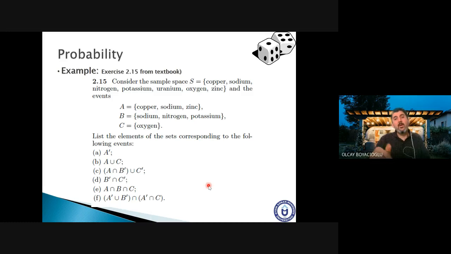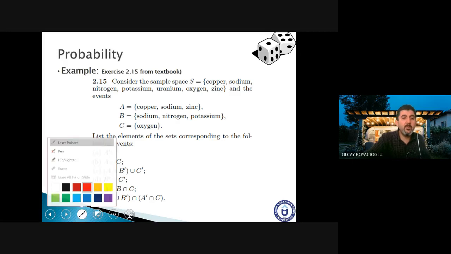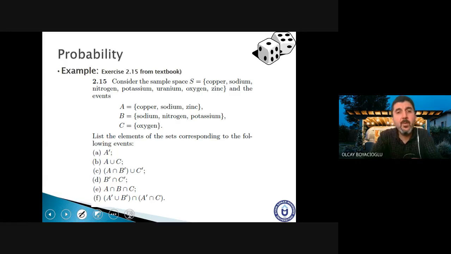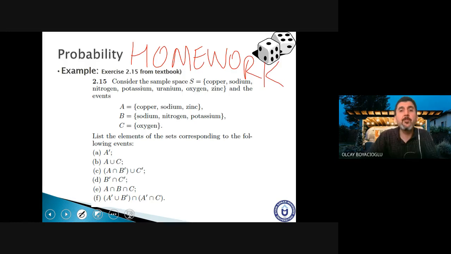Okay. Now look at this question. For this question, this is your homework for this week. I will upload this homework question to you after the course.